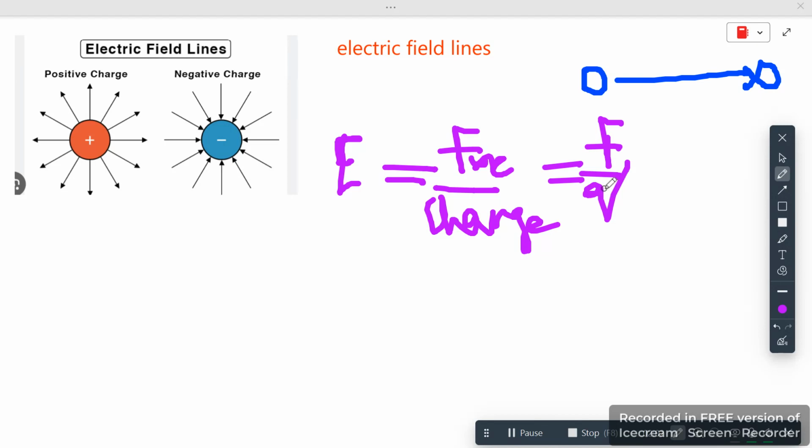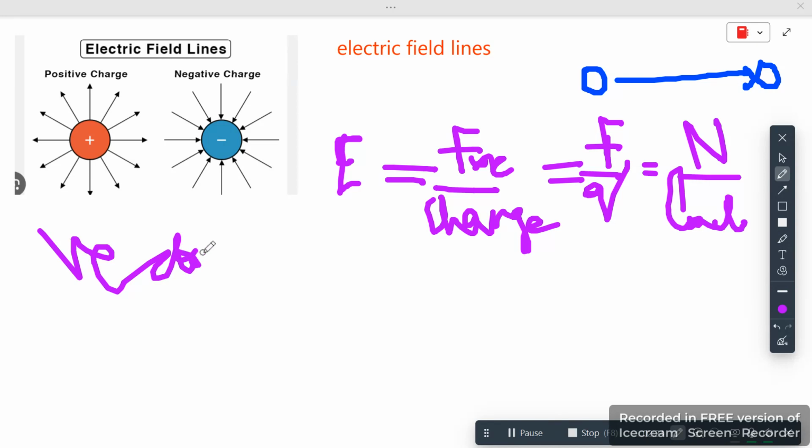The unit of force is Newton, whereas the unit of charge is Coulomb. So we can say Newton per Coulomb is the SI unit of electric field lines. And this is a vector quantity. How is it a vector quantity?